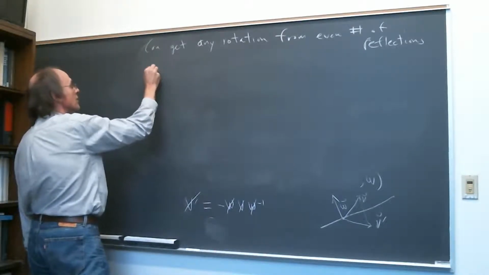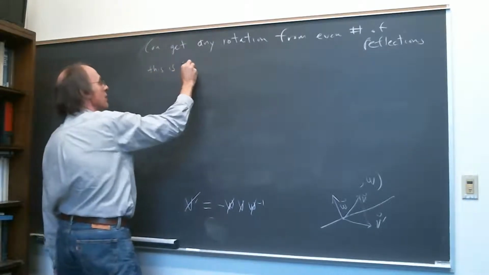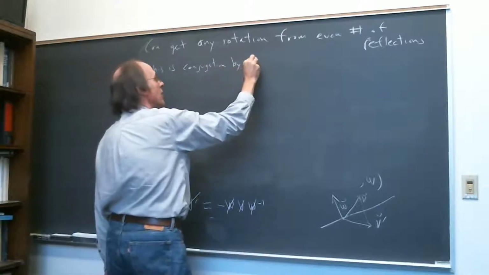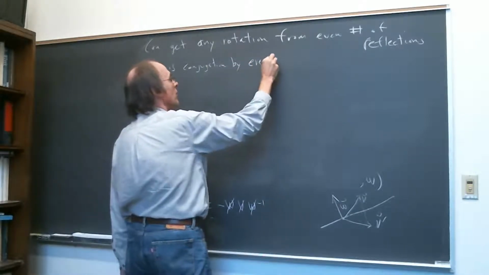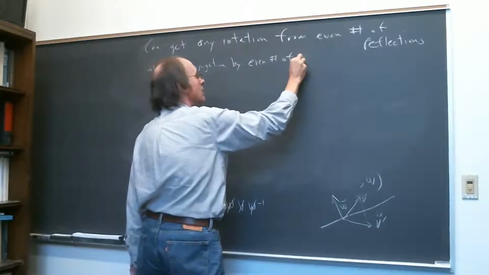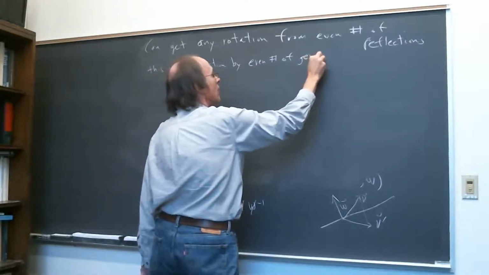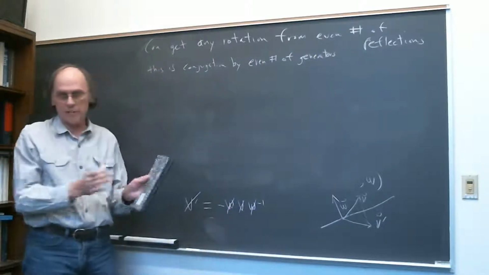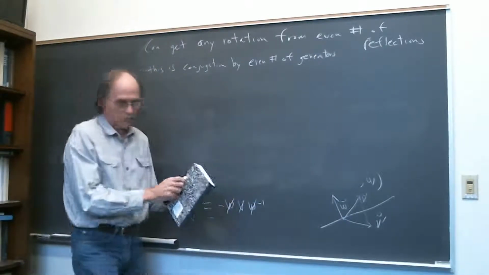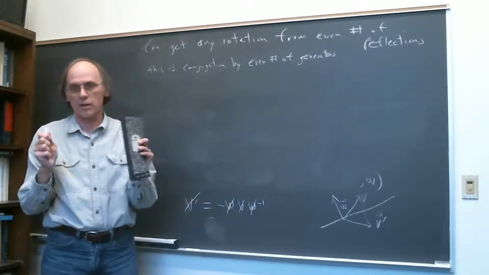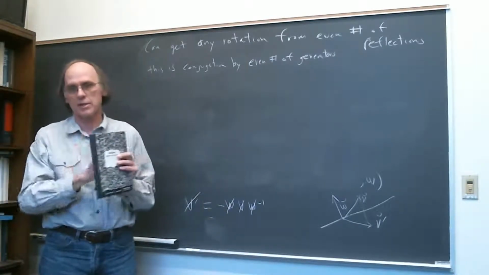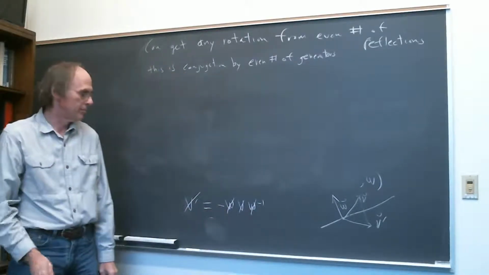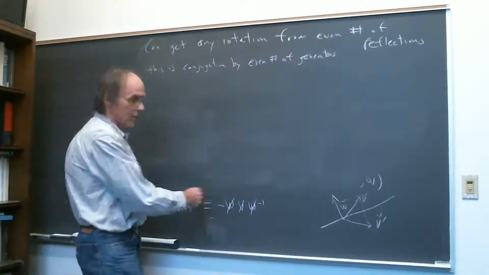by an even number of generators. In other words, you have to pick some even number of vectors and multiply them together, and so you've got some kind of element of the Clifford algebra which is even, in the sense of coming from an even number of generators, and then you conjugate by it, and you get any rotation.